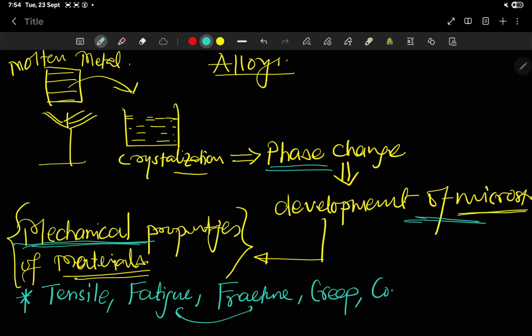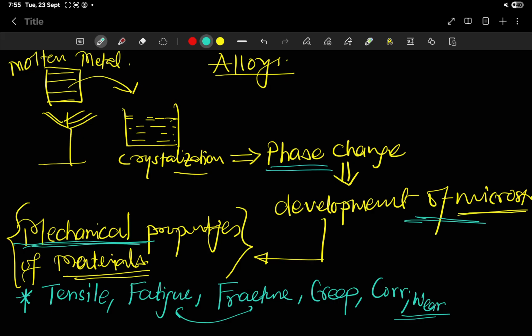If we talk about chemical, it will be corrosion or wear. So these properties we can tune in a material depending on the development of microstructures. Okay, so this is in brief the need of learning this topic, that is called basics of phase diagram.